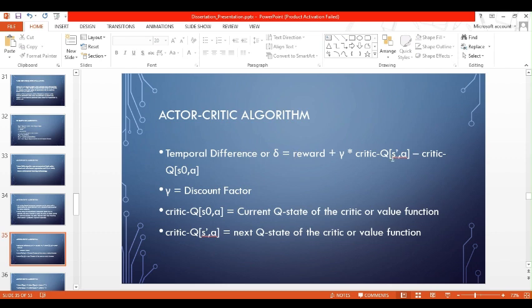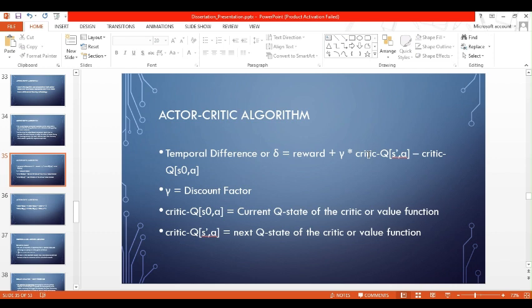However, the difference here is we also still focus on the values, the Q values, which is the critic. It is more like the Q tables in Q-learning, which is also the critic here. So the critic is for the values and the actor is for the policy. All right. So the discount factor is also used there.